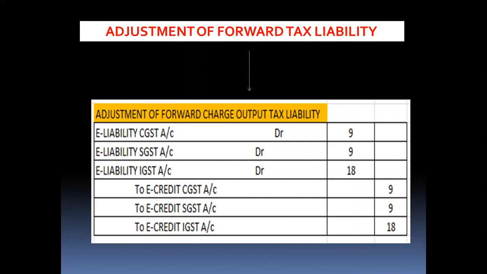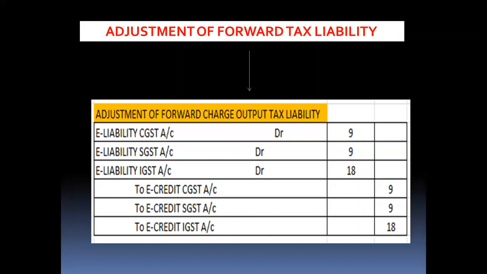e-credit IGST account. After adjustment of forward charge output tax liability with the e-credit balances, if any shortfall exists, then the same is to be discharged in cash through e-cash ledger along with the payment of interest, late fee, etc. Of course, if any.